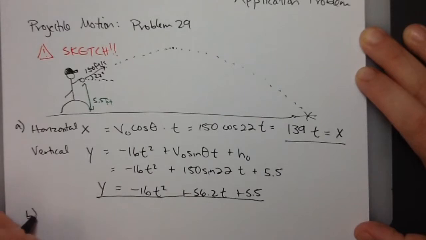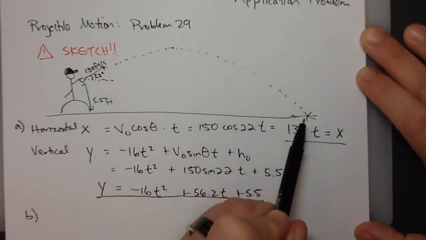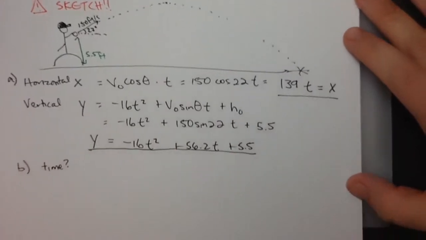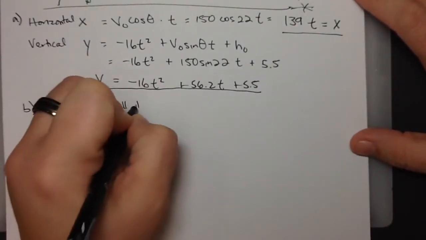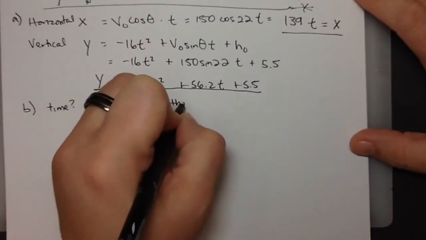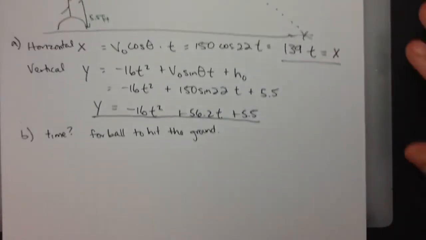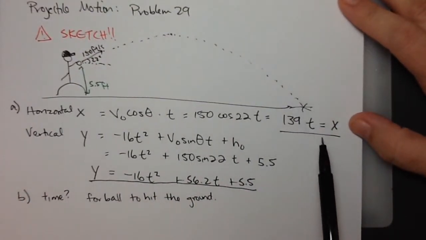Question B asks, how long is the ball in the air? So from the beginning until the end, how long is it in the air? What they're asking about is the time it takes for the ball to hit the ground. Our x equation doesn't tell us anything about the height of the ball.